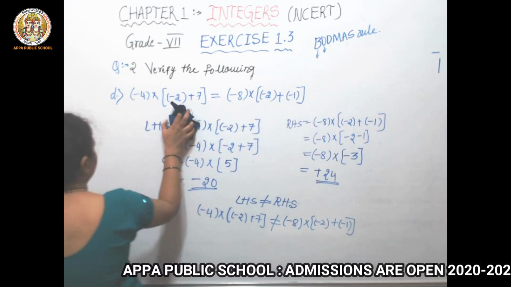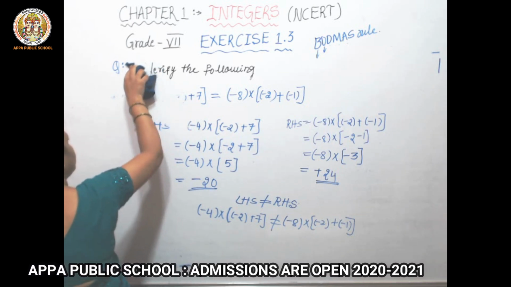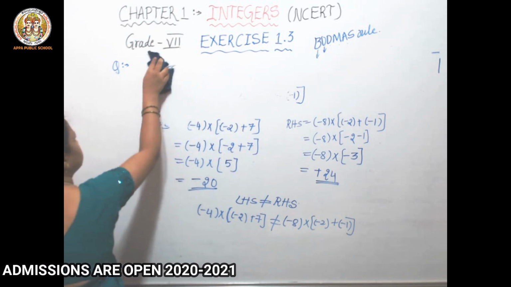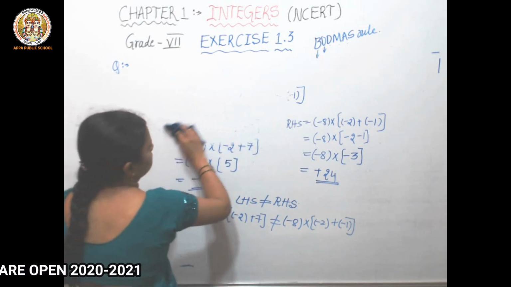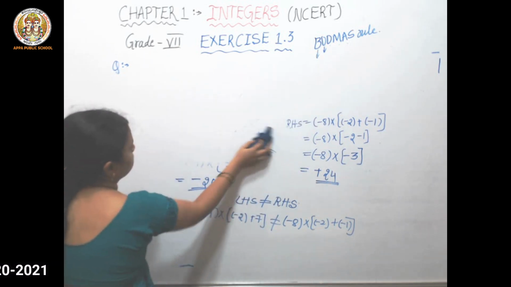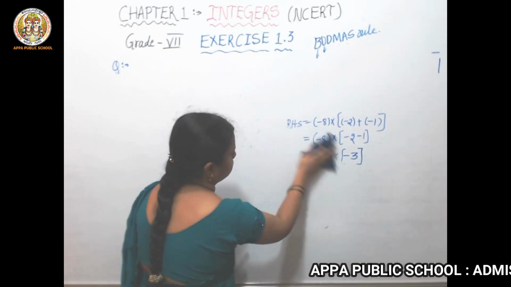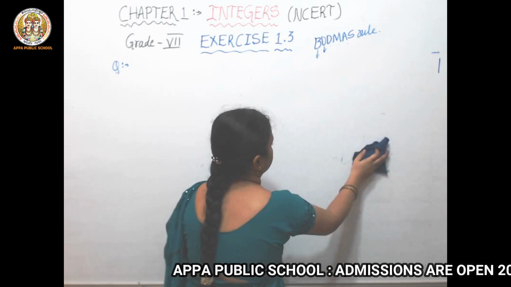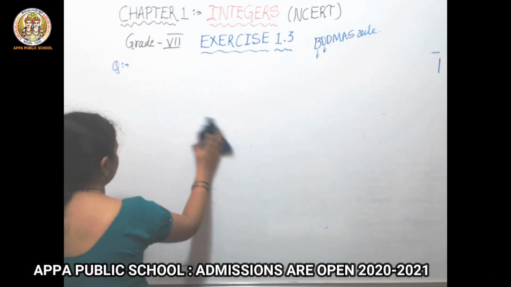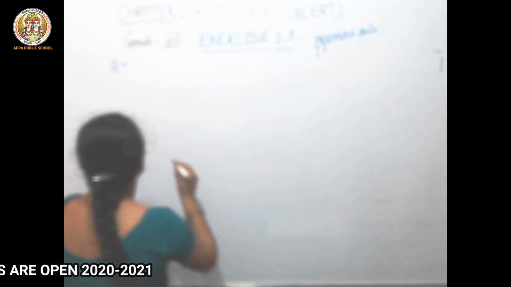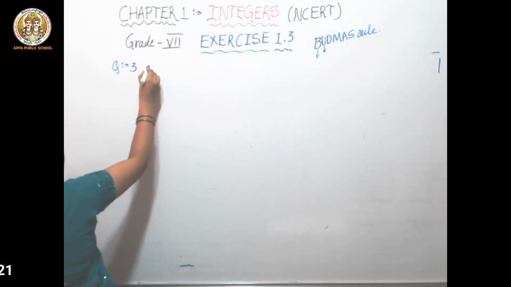In the third bit again we have two sub questions. Here the third question, as I said, has two bits.